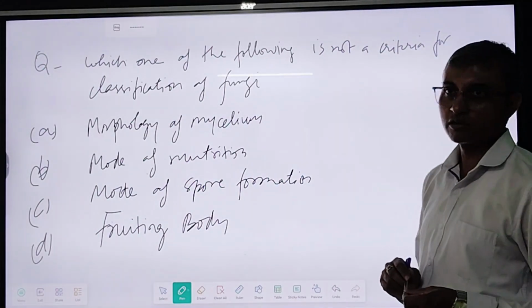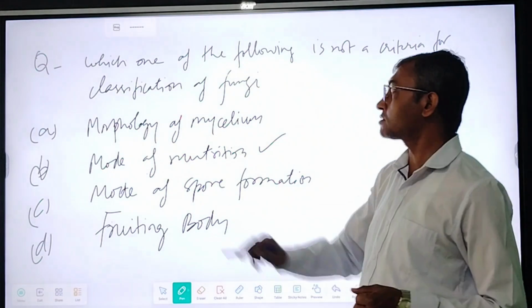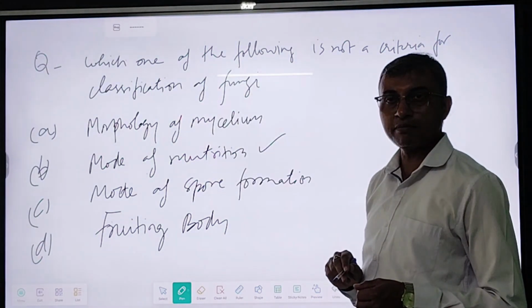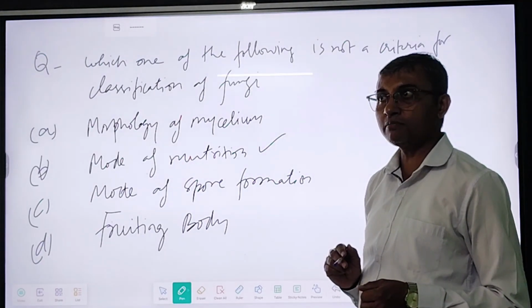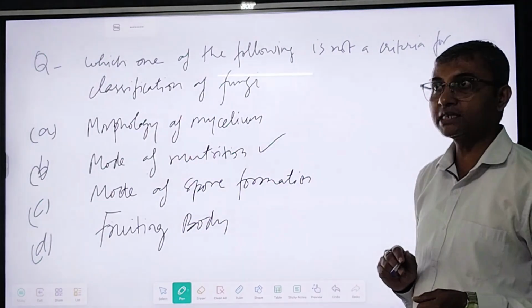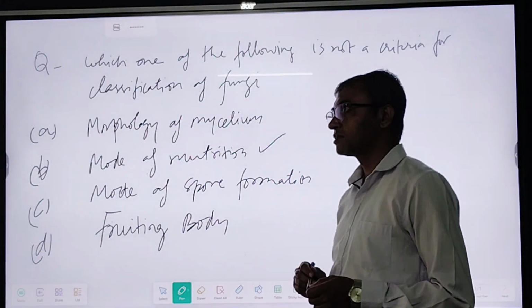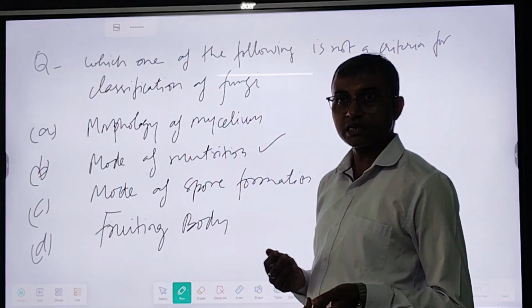B. Okay. So this B is the correct answer, because the other three are criteria. Morphology of mycelium, I have already told you what the mycelium is. A group of hyphae is called mycelium. And mode of spore formation, what are the spores? With the help of those spores, the reproduction occurs.